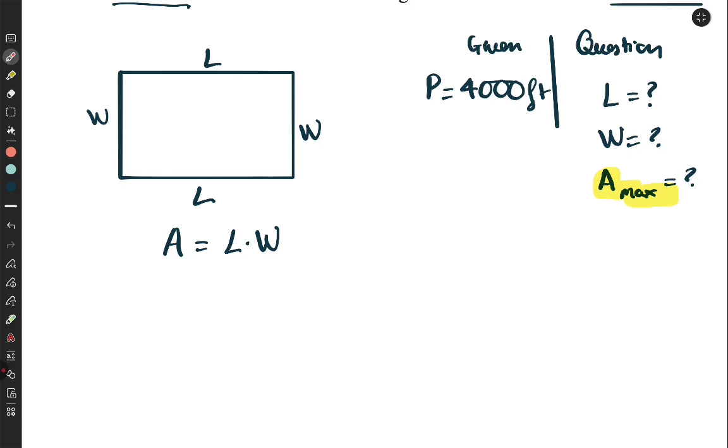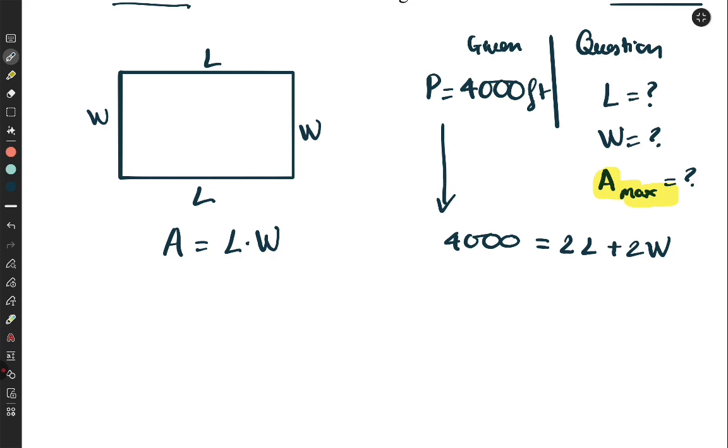The perimeter is 4,000, which is 2L plus 2 width. You're going to solve for either L or width, your choice. How about I solve for width?